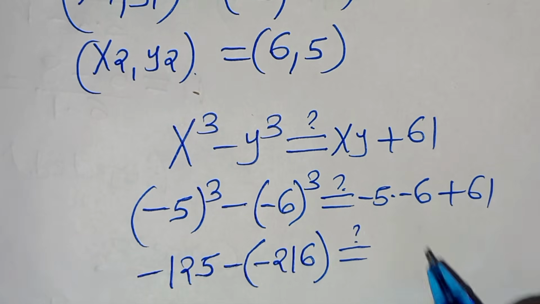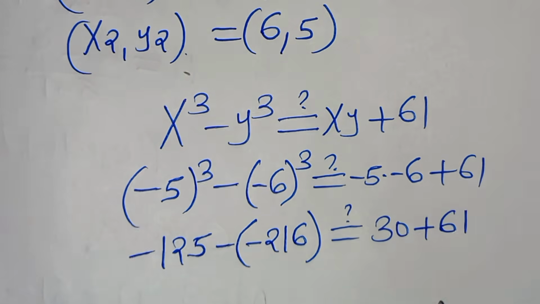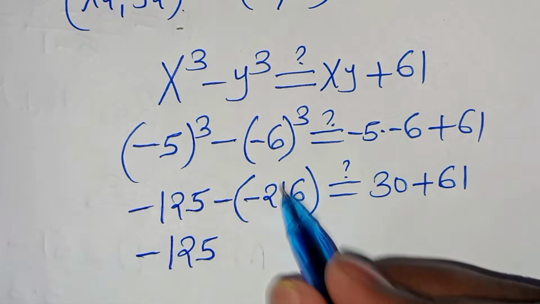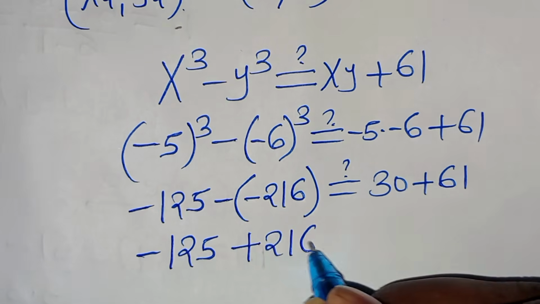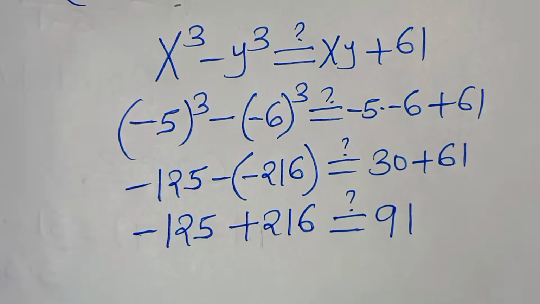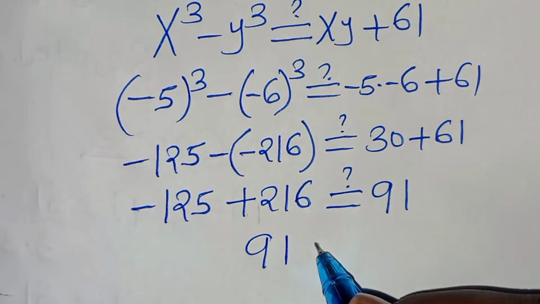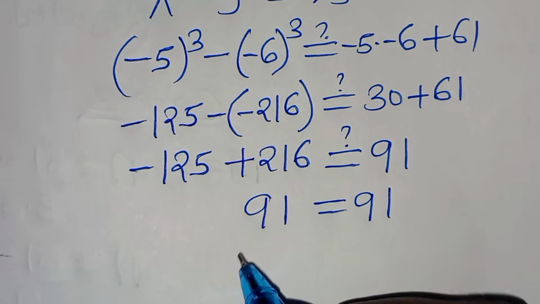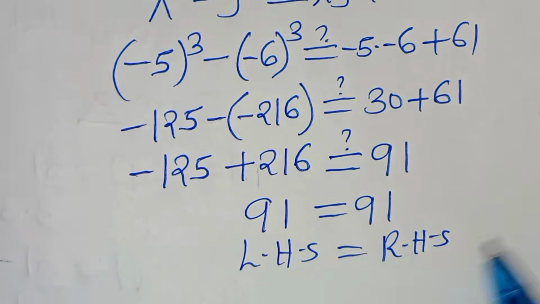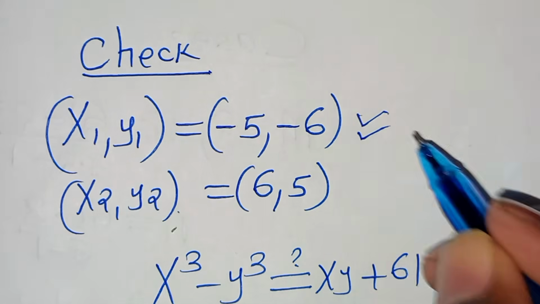This should be equal to minus 5 times minus 6, which is 30, plus 61. So negative 125 minus times minus 216 is plus 216. This should be equal to 30 plus 61, which is 91. So negative 125 plus 216 is equal to 91, which is equal to 91. So the left hand side is equal to the right hand side, and this proves that the first set of solution, x1, y1, satisfies the equation.